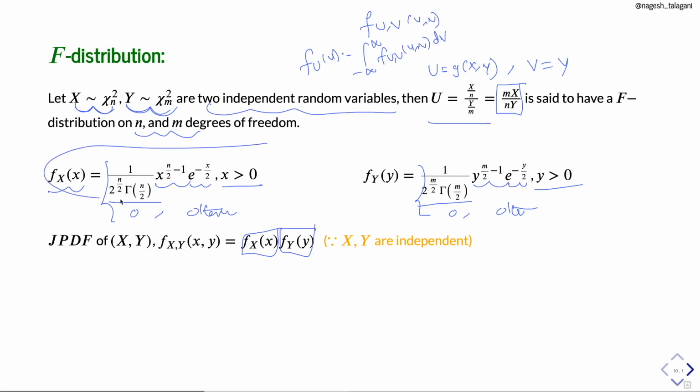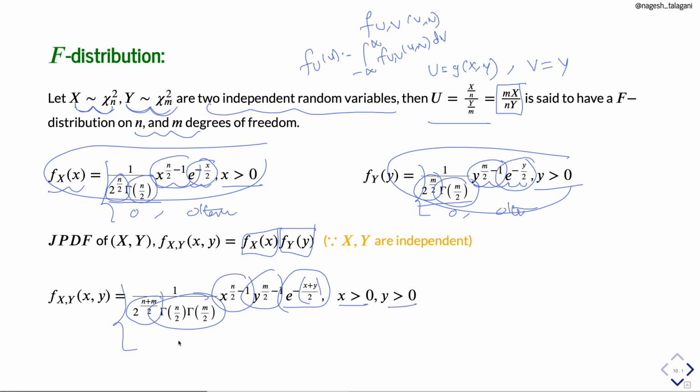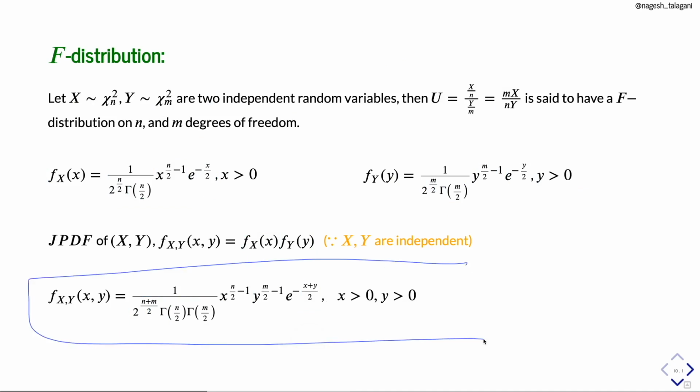Now if I multiply these two PDFs, we get the joint PDF of x, y like this: 1 by 2 to the power of n plus m by 2 times gamma n by 2 times gamma m by 2, times x to the power of n by 2 minus 1 times y to the power of m by 2 minus 1 and e power minus of (x plus y) by 2, for x positive, y positive, 0 otherwise. Okay, this is the joint PDF of x, y.